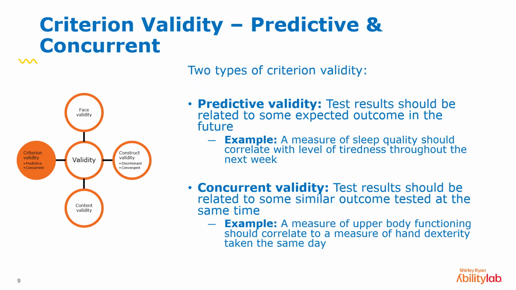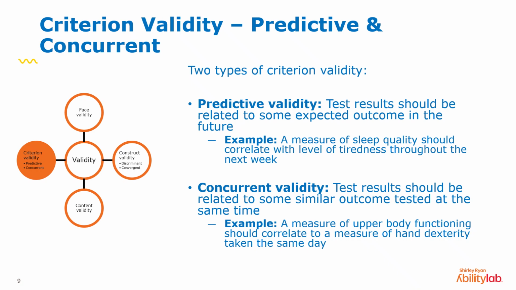Predictive validity is the extent to which test results predict some criterion measure in the future. For example, a measure of sleep quality should correlate with level of tiredness throughout the next week, and we can say that the sleep quality measure demonstrates predictive validity with future level of tiredness.